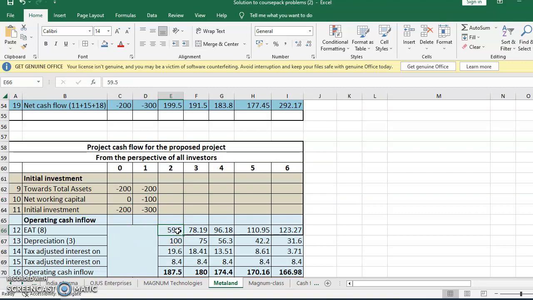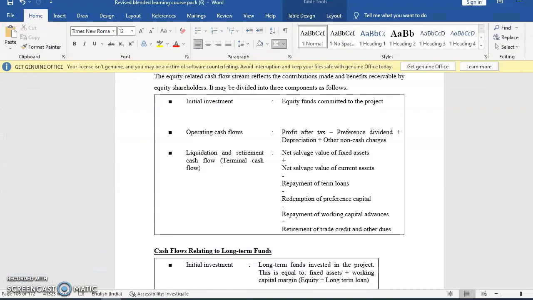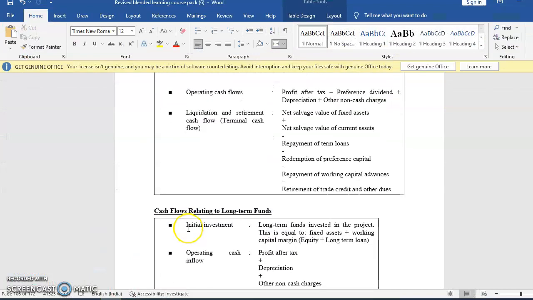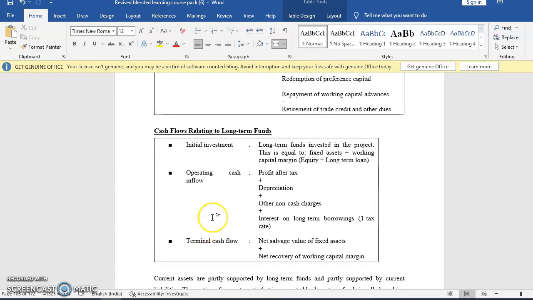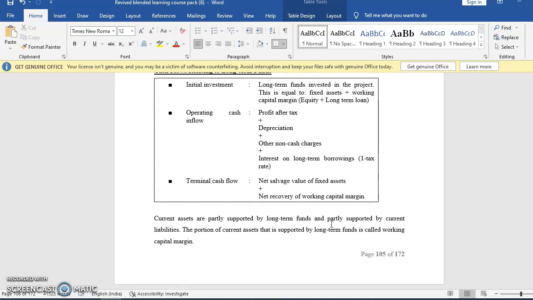Now operating cash flow in this case is, let me show you the document. In the document, I very clearly told you, in case of the equity, we have already learned long-term funds. Look at this: profit after taxation plus depreciation plus other non-cash charges and interest on long-term borrowings. Terminal cash flow is salvage plus the net working capital.